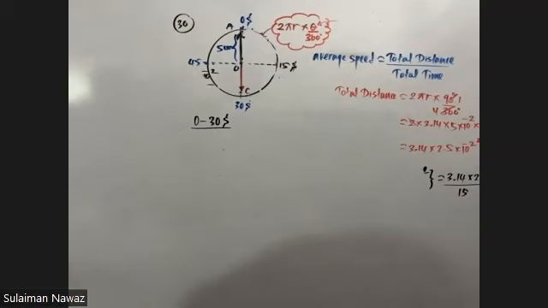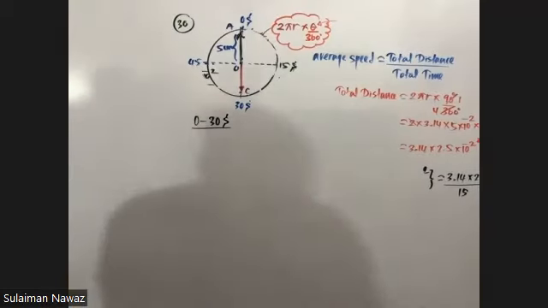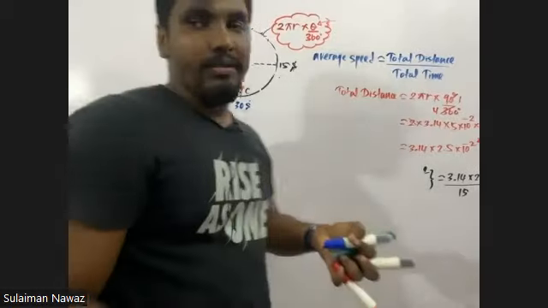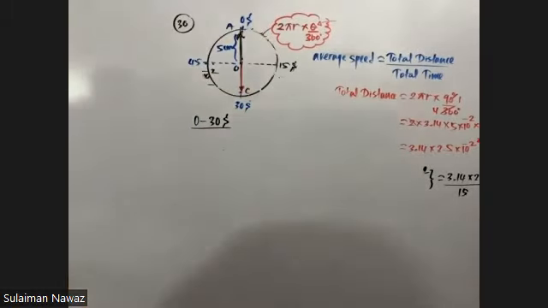I'm expecting a reply from everyone. Quickly. Displacement means the shortest distance between initial point and final point. So be humble, leave a reply. How many replies am I getting? 1, 2, 3, 4, 5, 6, 7.